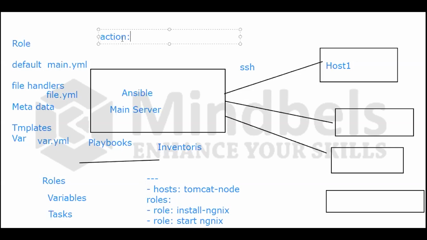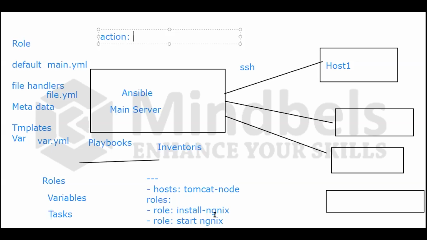Action shows what I want to do. Now if I am defining role install Nginx, it will directly perform a complete install. It will take the RPM or MSI, and then install it and start it.